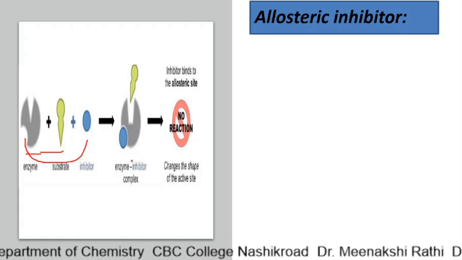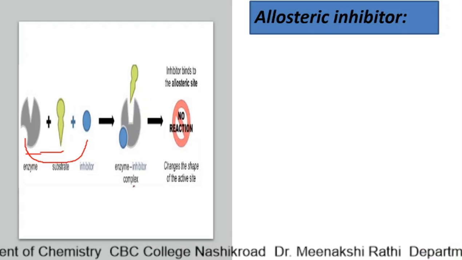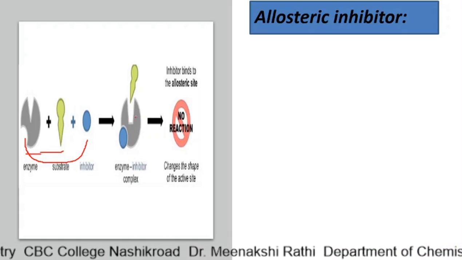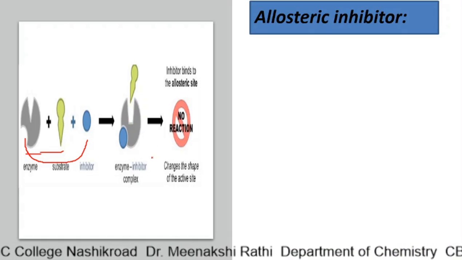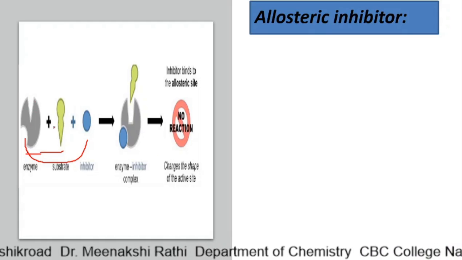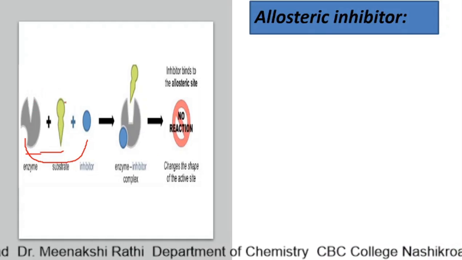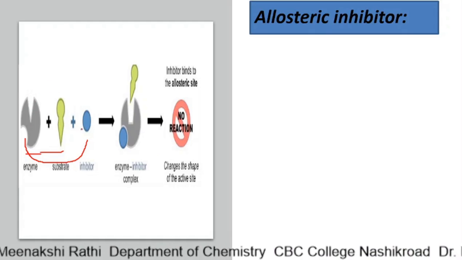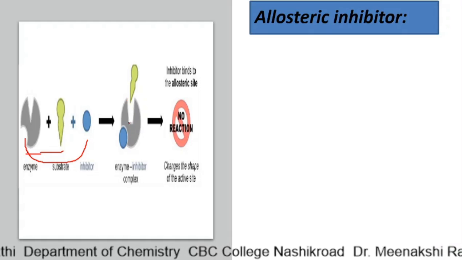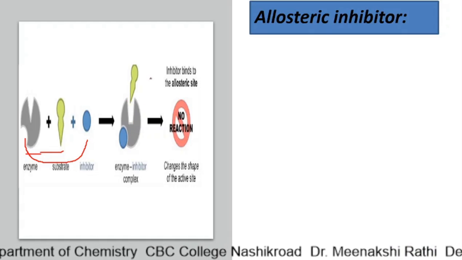When there is a formation of the enzyme-inhibitor complex, it changes the shape of the active site. Here you can see the shape of the active site is very much suitable to the substrate. But as soon as the inhibitor is attached to the other site, it changes the shape of the active site.